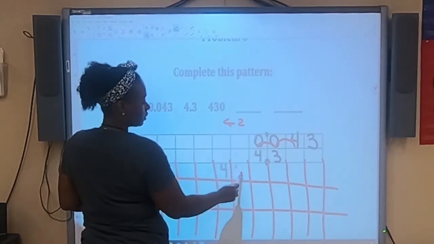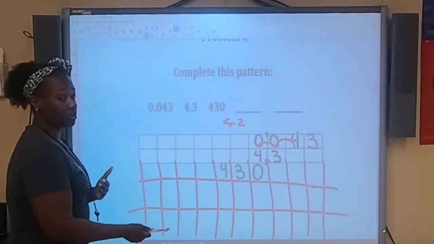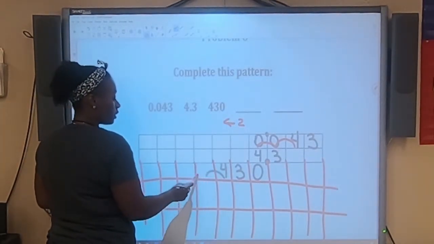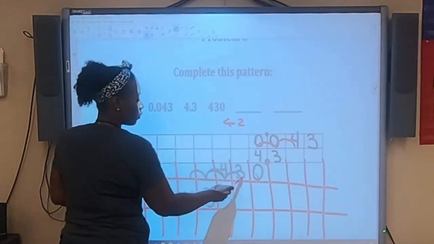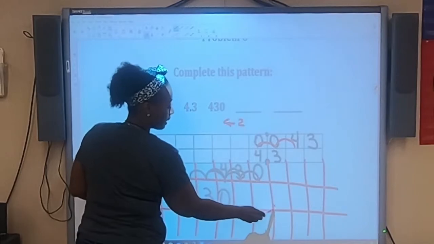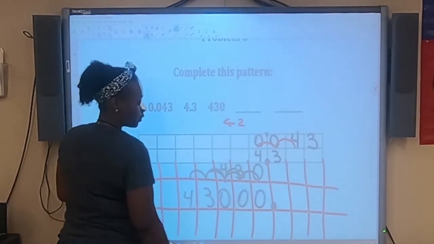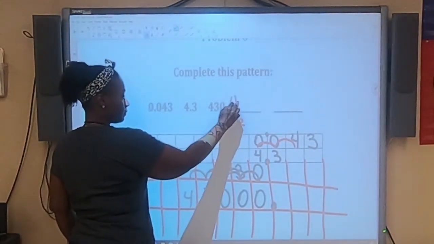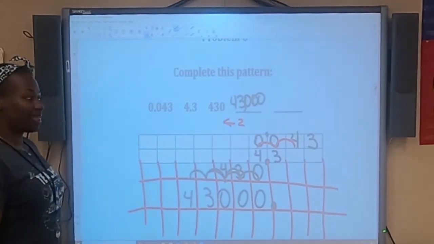So I need 4 in the hundreds, 3 in the tens, 0 in the ones. Remember, we're multiplying or going left 2 times. So I'm going to take my digits, 1, 2, and fill them in. 1, 2, 1, 2. I got to get back to that decimal, which means I need 2 placeholders. There's my missing number. So in that spot, I've got 43,000.